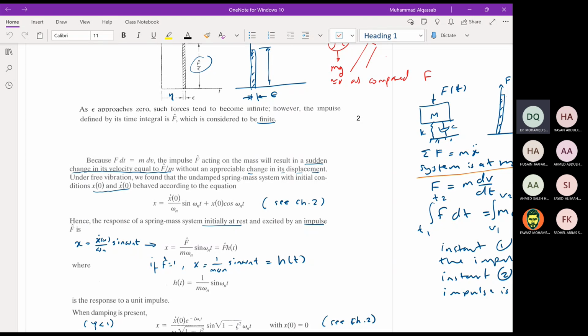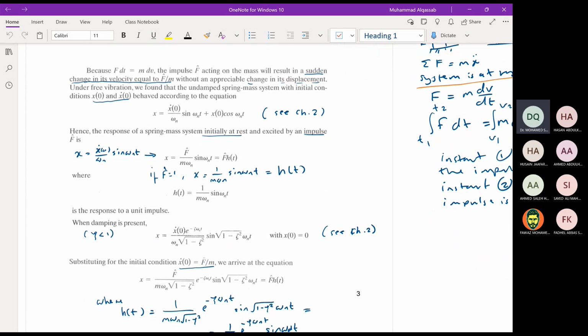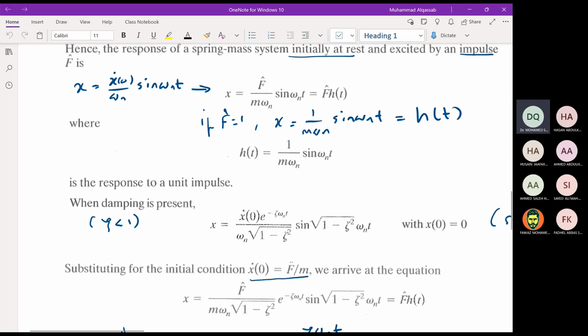to f hat over m, and we said that f hat is equal to the impulse, which is Newton second. Okay, and then we wrote the response as x equal to f hat times h of t, and h of t depends on the type of the system.